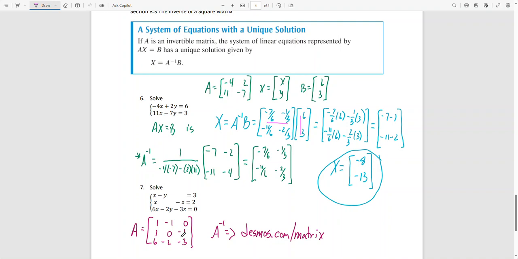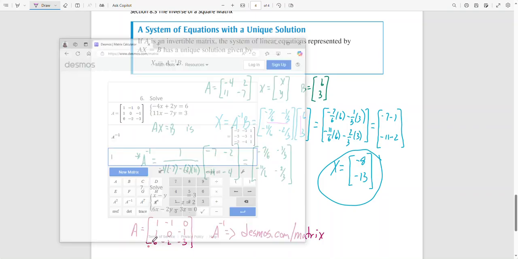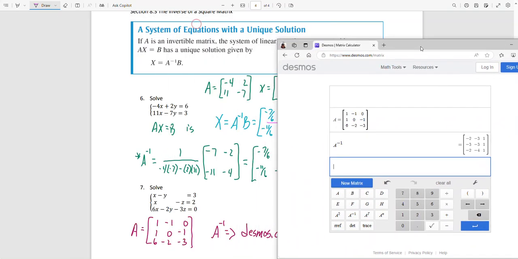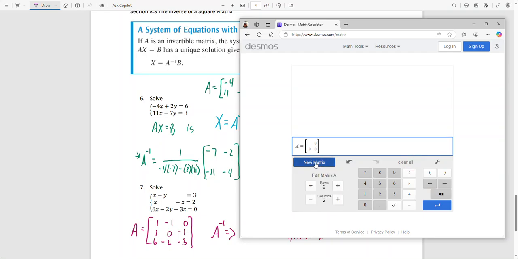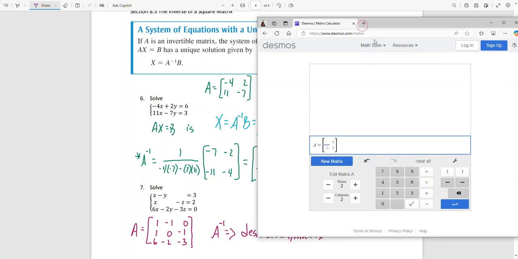I'm going to show you that on the calculator as well. Let's take a look at this problem. I'm going to clear all. Let's define our matrix A. Let's make a new matrix. It's a 2 by 2. It's going to be this matrix, negative 4. Oh yeah, let's make this easier.